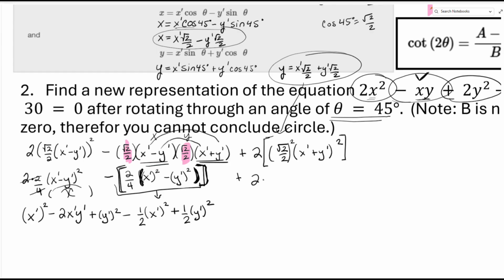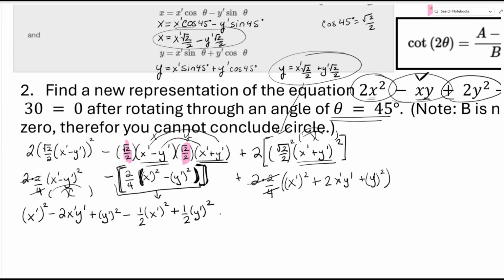Root 2 over 2 squared is going to turn into a 2/4. The next piece, x prime plus y prime squared, is going to turn into an x prime squared plus, now if you're thinking about writing this twice and foiling it out, I'm going to get an x prime y prime 2 times. Once for the outer, once for the inner. And then a plus y prime squared. Whew. Now, my coefficient here is 4 over 4, so that's nice.